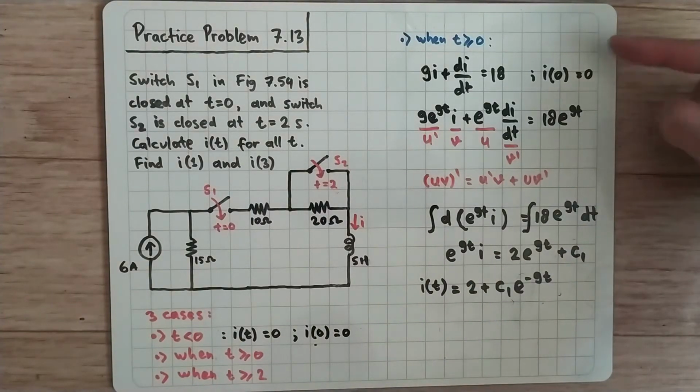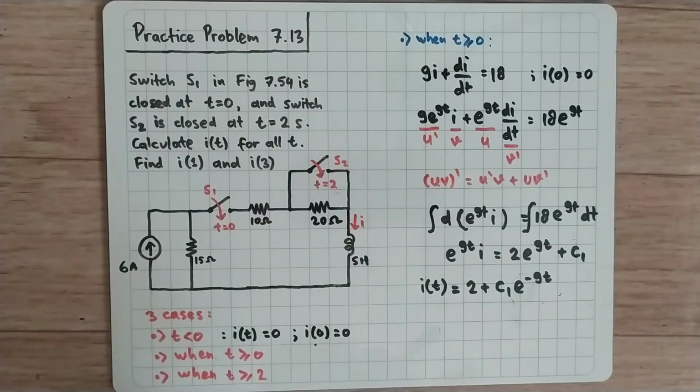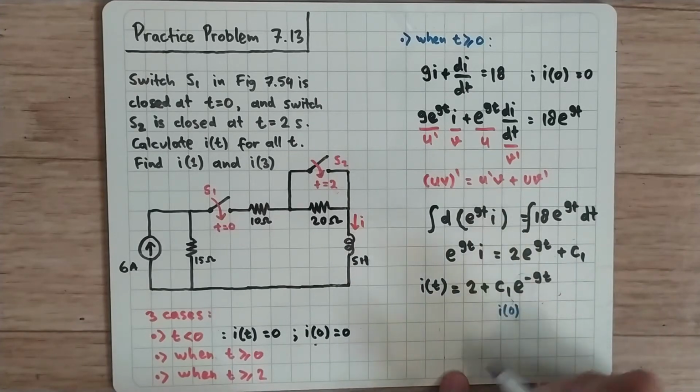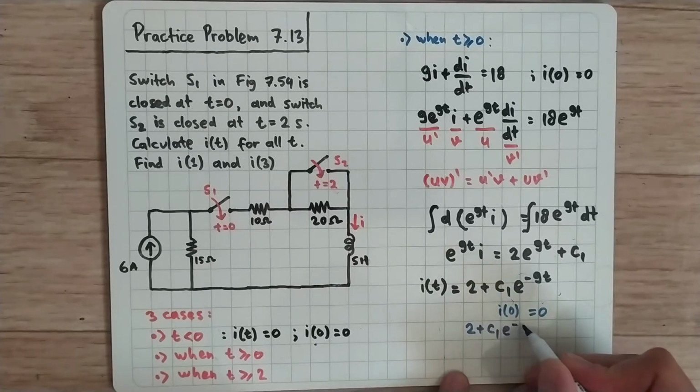So the initial condition is i(0) is equal to 0. Let's do that. When i(0) is 0, we plug this 0 into this function. So we have 2 plus c1 e to the minus 9 multiplied by 0 is equal to 0.